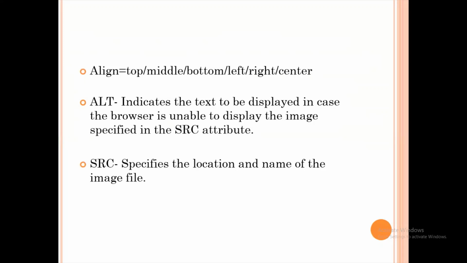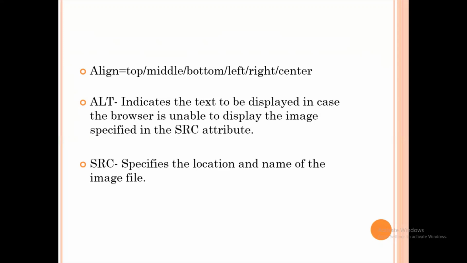The most important attribute is alt. This is called the ALT attribute. It's used when you provide a path to the program and the image is not showing. Then you will see that there is a problem in the coding or an interpretation problem.